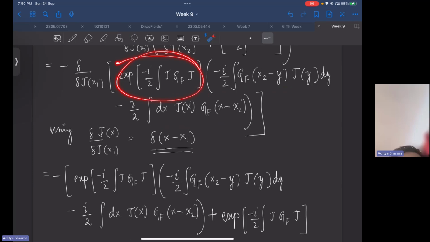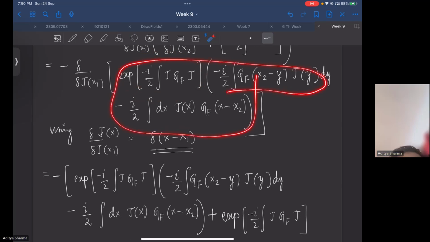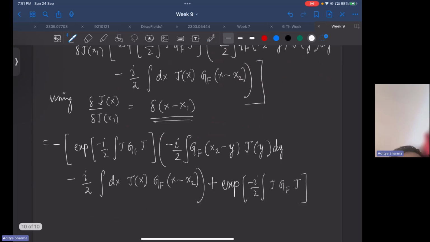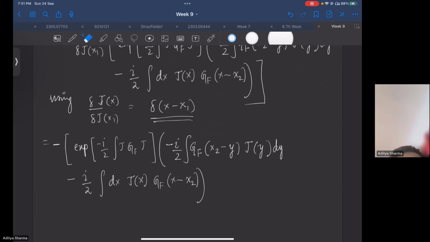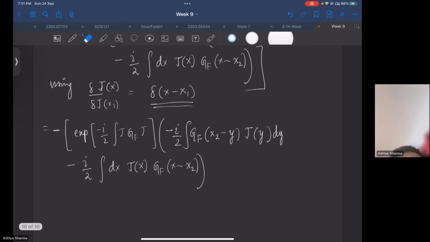So first I differentiated this part and I'll get the same thing as this part. Okay, but it will be x1 now, and I'll have one more. I'll copy the same part again.